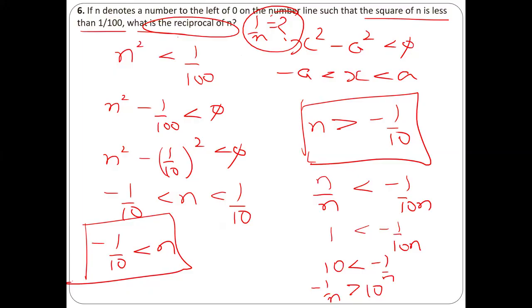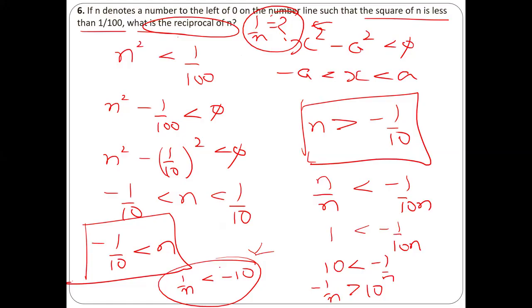Multiply both sides by -1. Since I'm multiplying both sides by -1, the inequality sign will flip again, correct? So 1 by n is lesser than -10. That's the answer, which is what we had to find out. What's the value of 1 by n? It is lesser than -10.